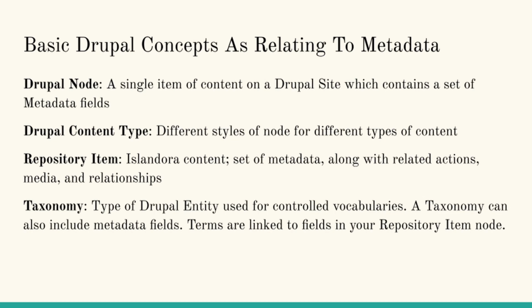And that includes a set of metadata fields. And those fields are what we're going to be talking about. And then there's also taxonomies, which are another entity type within Drupal, which you use for controlled vocabularies, and those terms also have metadata fields. So there's metadata fields all over the place, and we're going to be trying to touch on all of those.